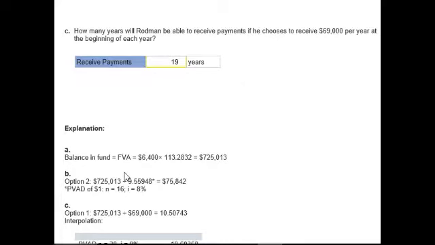The way we use the table again is annuity amount times the rate I find from the table should give me the value. So in this case, it's a future value. If I put this amount every time for 30 years, at 8%, I will accumulate this much.